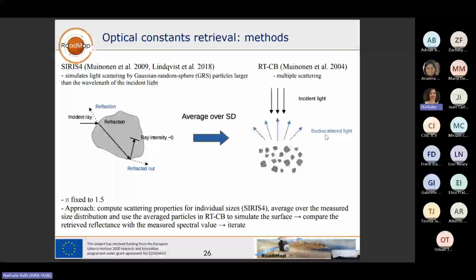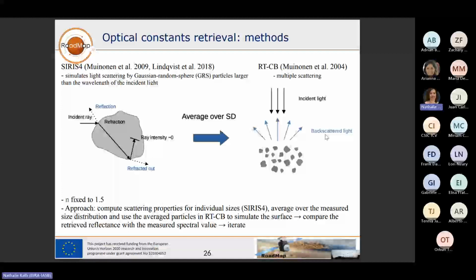The average scattering properties are then put inside a multiple scattering code called RT-CB, which is radiative transfer with coherent backscattering. We are simulating the surface, so we are looking at the backscattered light. This basically mimics the experimental setup of the spectrometer.